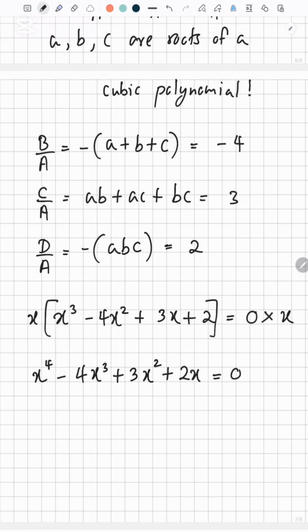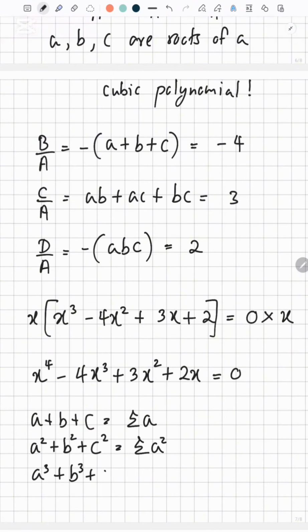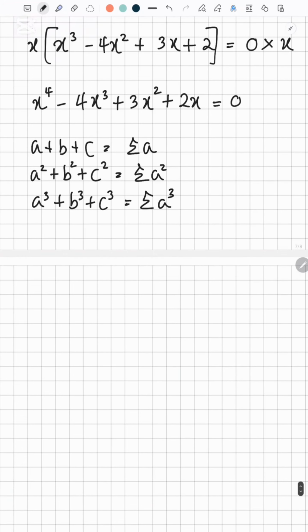So what I want to show you guys is in this polynomial rule, you can write a plus b plus c as the sum of a, a squared plus b squared plus c squared as the sum of a squared, a cubed plus b cubed plus c cubed as the sum of a cubed, and a to the power 4 plus b to the power 4 plus c to the power 4 as the sum of a to the power 4.